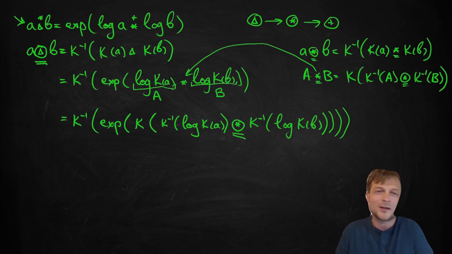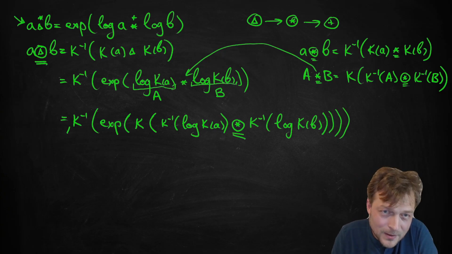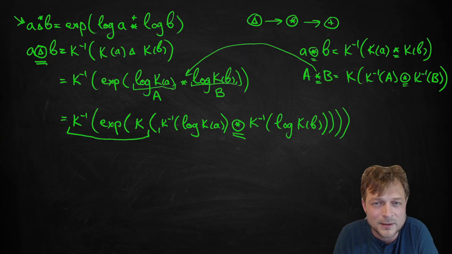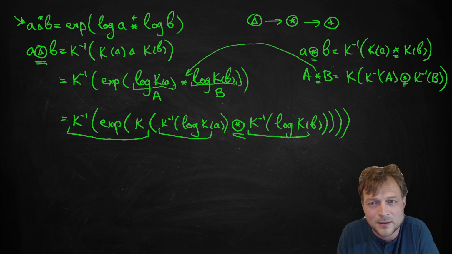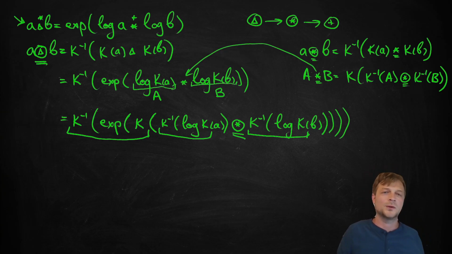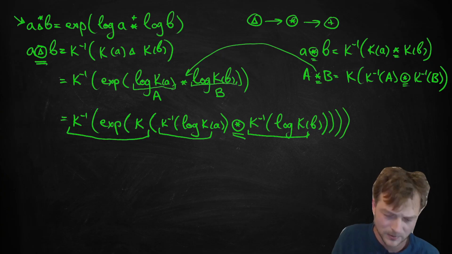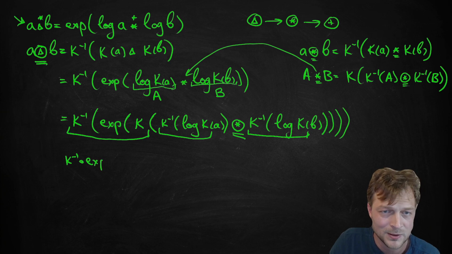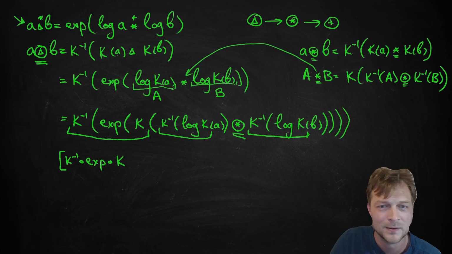Let's simplify this expression. Take a look at this, guys. What you can see here is that we have this special combination, k minus first composition of exponentiation, composition of k, and that function is applied to what?